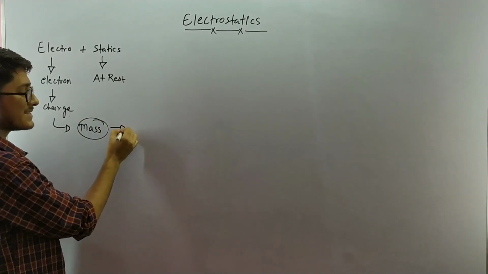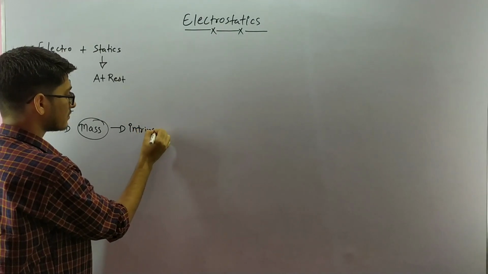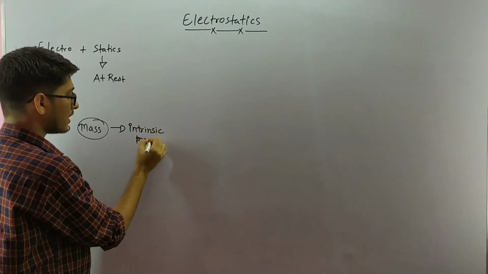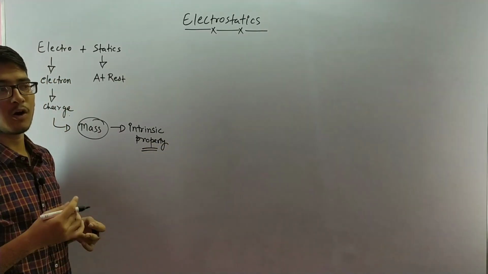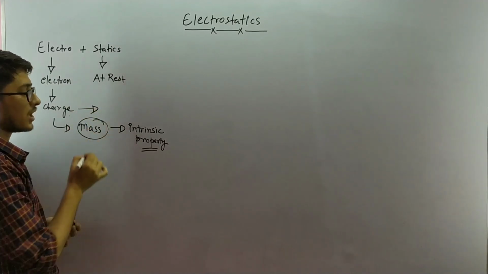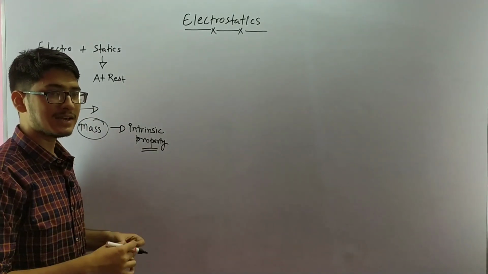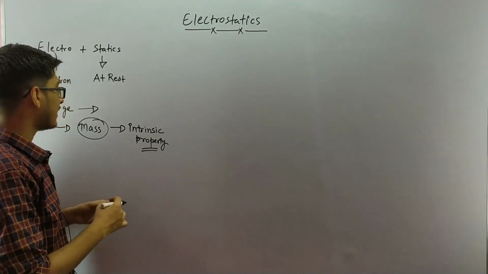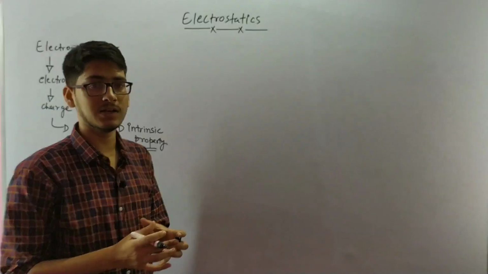Now mass is an intrinsic property. It is a property that is internal to a body or particle. Similarly, charge is also an intrinsic property. It is inside of the body and it comes by the internal effects which are taking place inside the particle.